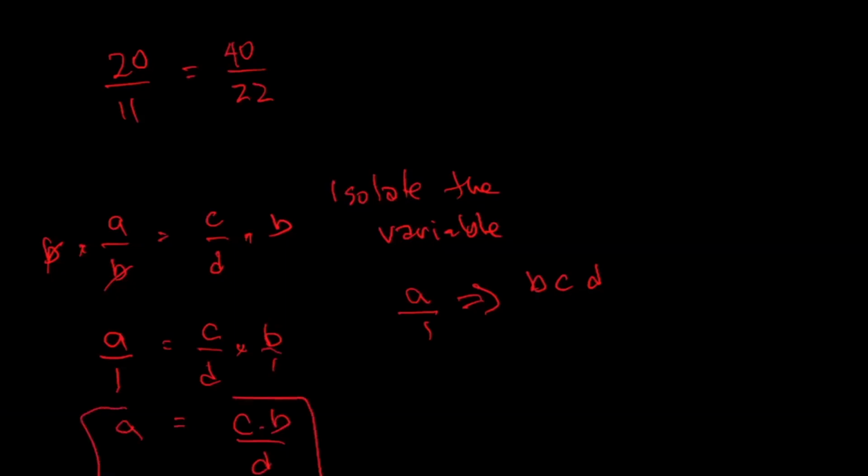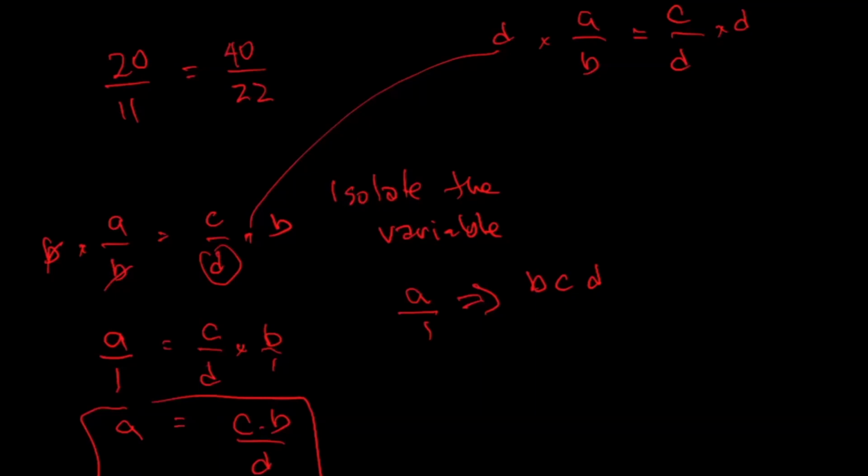Suppose we want to solve for D in this case. You would first multiply both sides by D, and that gets the D variable to the numerator.